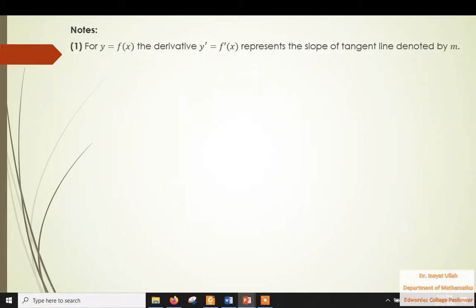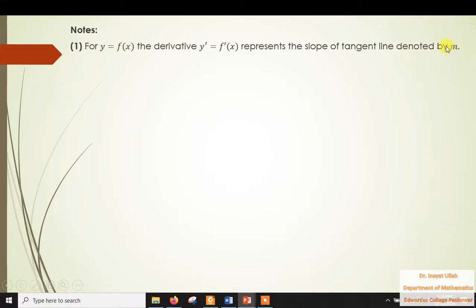The first one is for y is equal to f of x. If you are given a function of x, its derivative, the derivative of y, is denoted by y prime and hence by f prime x. So the derivative of the function represents the slope of the tangent line, which is denoted by m.